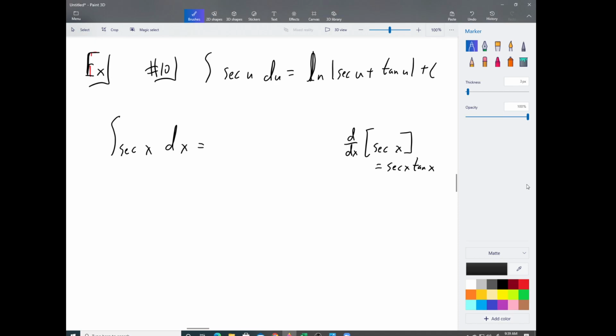And this is going back to our rules from, we proved that one, I believe, using the quotient rule back like months ago now. And also remember the fact that when we took the derivative of a tangent, we got out secant squared. So on purpose, I'm picking the derivatives that gave us answers that involve secant.